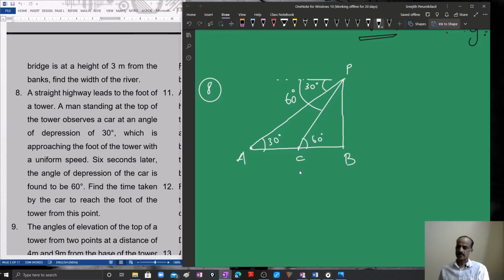Find the time taken by the car to reach the foot of the tower from this point.